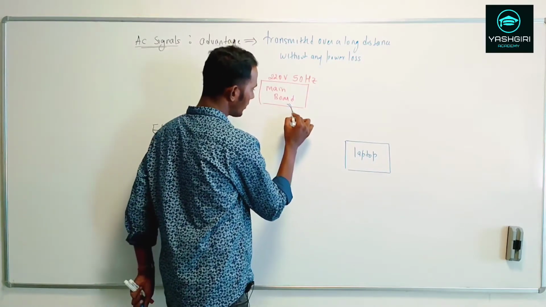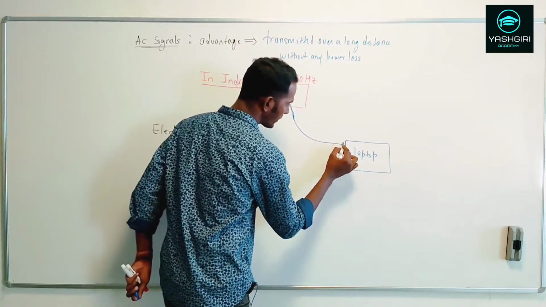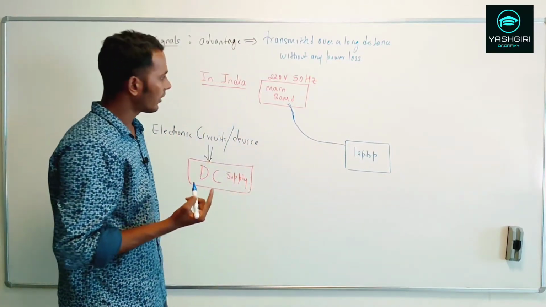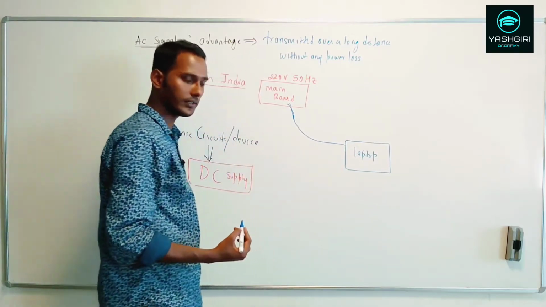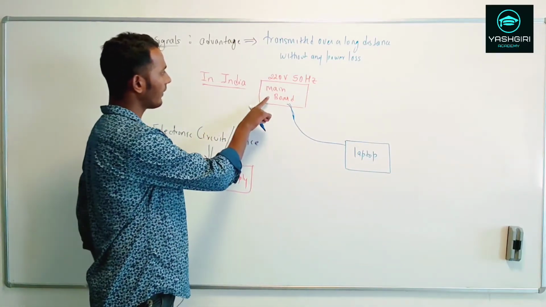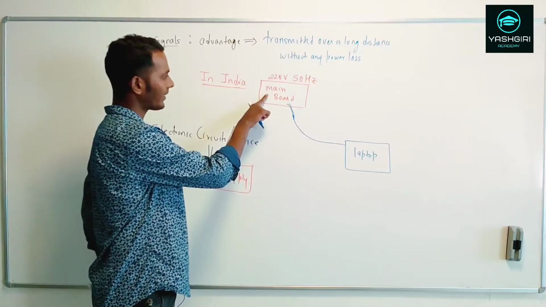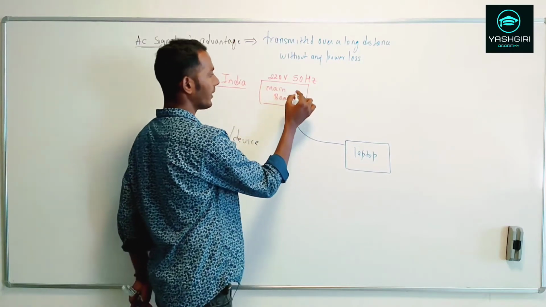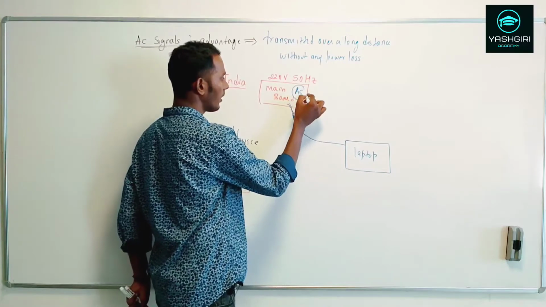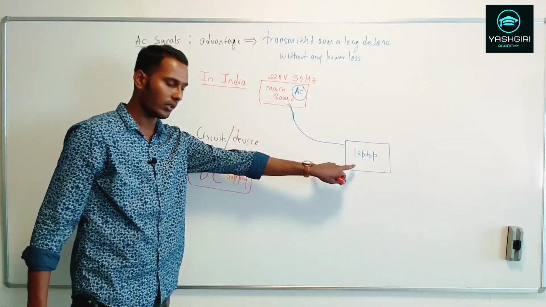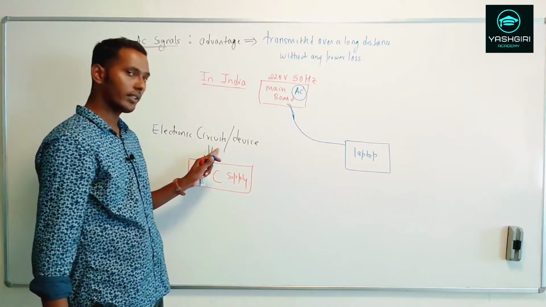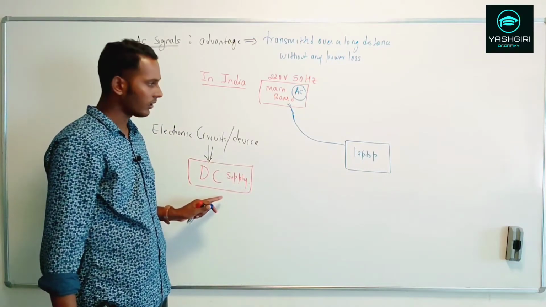So this is your charger, you're connecting a charger to this laptop. Now this laptop is an electronic device, and the available voltage in your home at the main board is an AC supply. So how can this AC charge this laptop? Because for any electronic circuits we need a DC supply.